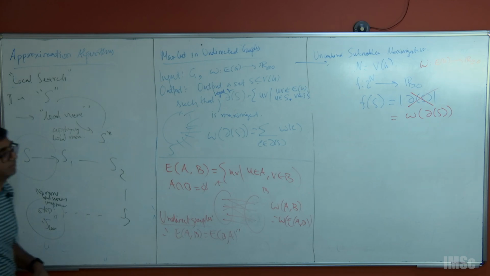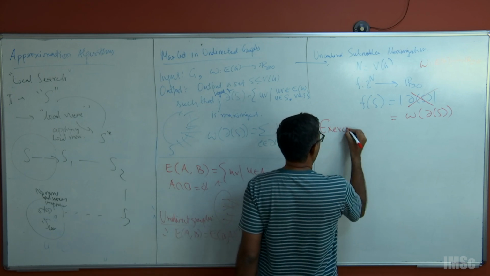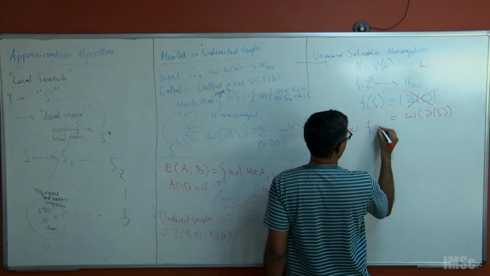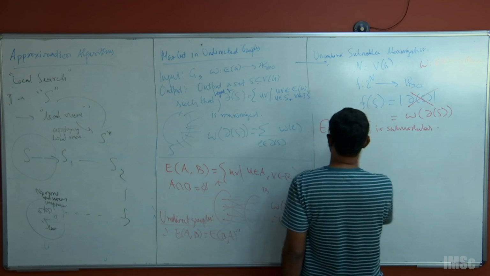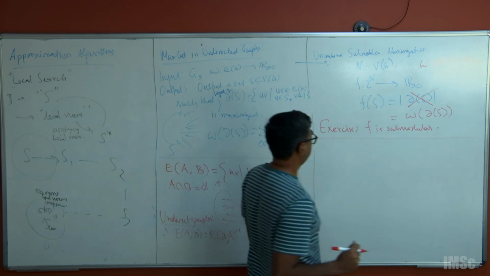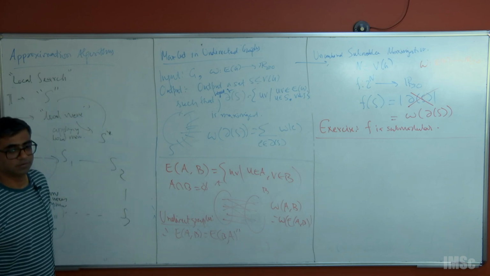Okay, so let's take that as an exercise, that f is submodular. Then what kind of approximation algorithm does it imply for this?